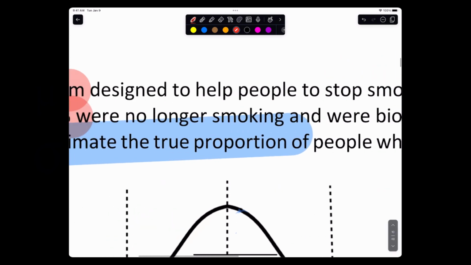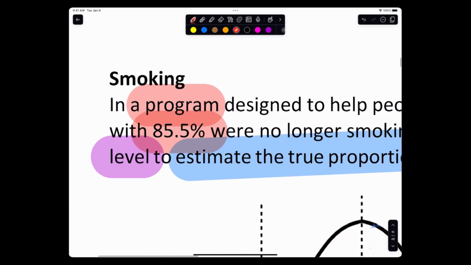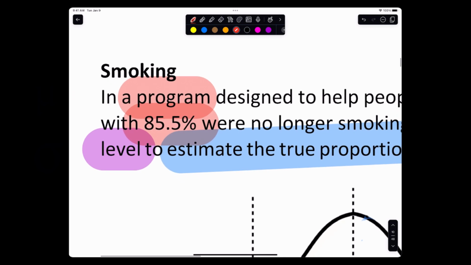Now let's see if you're awake. Be careful here, though. What does 85.5% mean? Careful. It's a percent. It's a percent from a what? Sample.